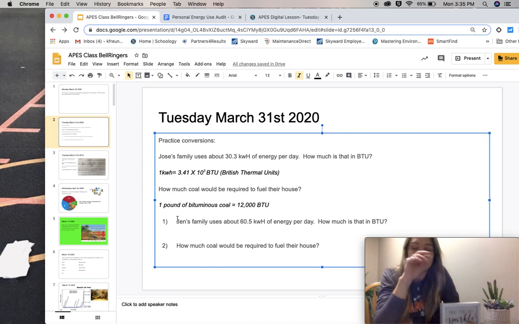Looks like I was really feeling the J names. Her family uses 60.5 kilowatt hours. Same conversion setup: you're going to do kilowatt hours to BTUs in the first one, and then take that answer as what you start with to convert from BTUs to coal. So let's take a look at your assignment now.